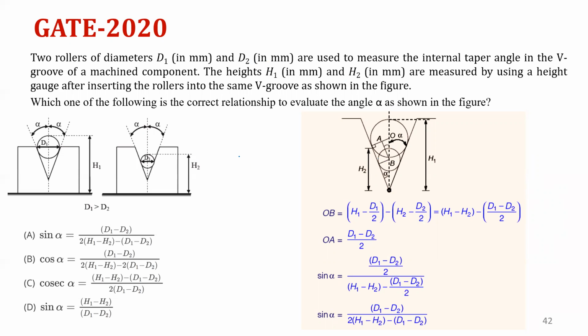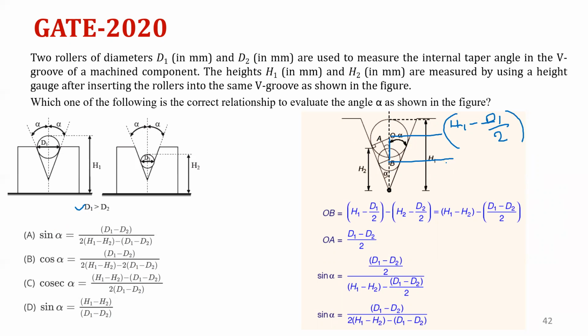Here we need to apply the ring gauge principle. What is sine theta by 2 from this relation? This is O and B. OB you can get: H1 minus the radius of the bigger roller, D1 is greater than D2, D1 is the larger one, that is H1 minus D1 by 2. Up to this you will get.